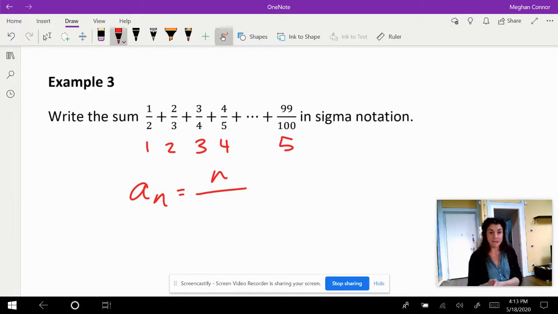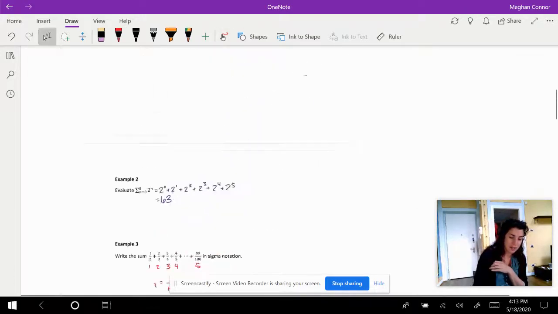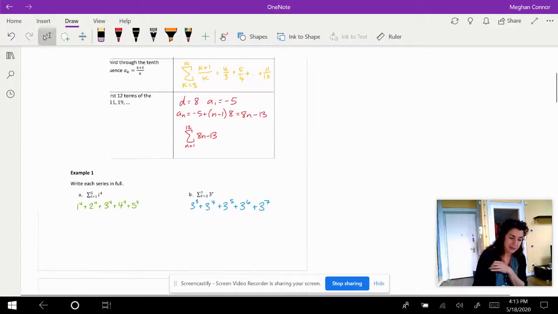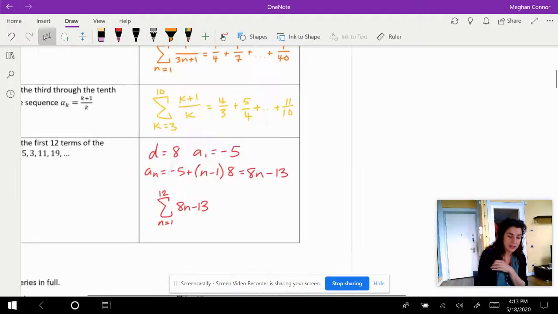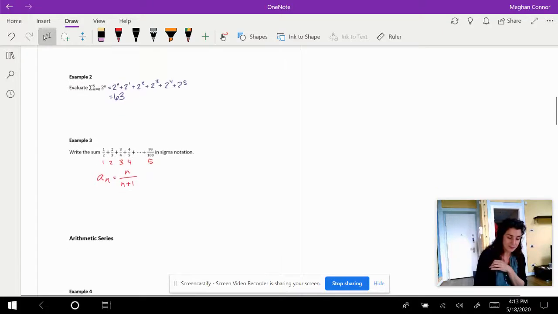Fourth term, it's 5. Fifth term will be 6. Seventh term will be 8. 10th term will be 11. We're adding 1 to the n as we go through in the denominator. So the denominator is going to be n plus 1, similar to what we had above.